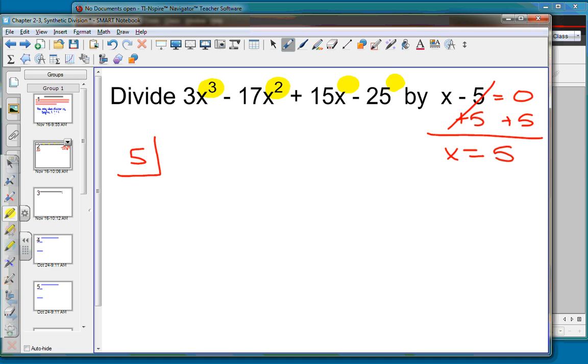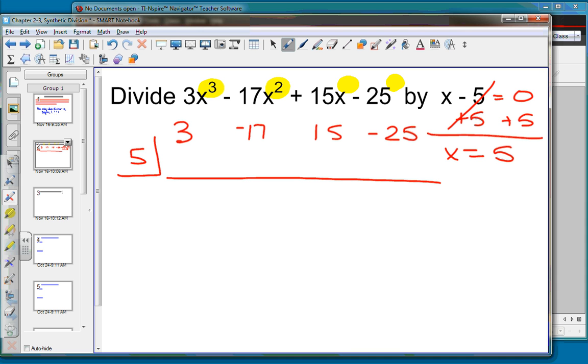Is that all correct? Yes. Since I'm not missing any, I don't have to put any placeholders in, do I? Like long division yesterday, we had to put placeholders in if we were missing them. So now we're going to simply take our lovely little coefficients. That's 3, negative 17, 15, negative 25. And then draw a line down underneath the box.